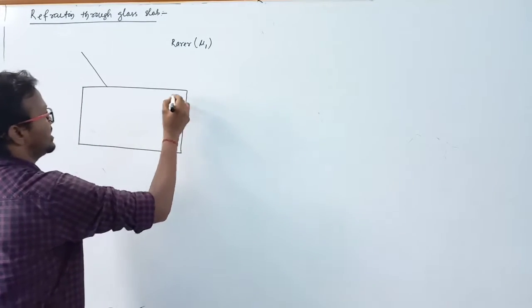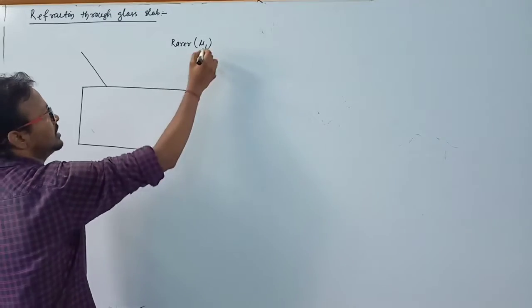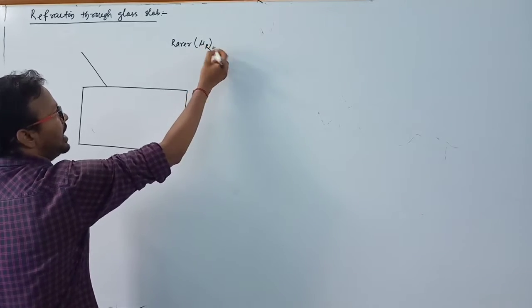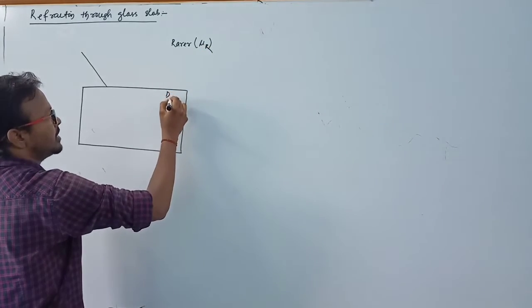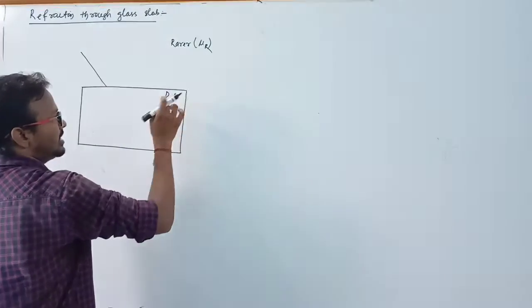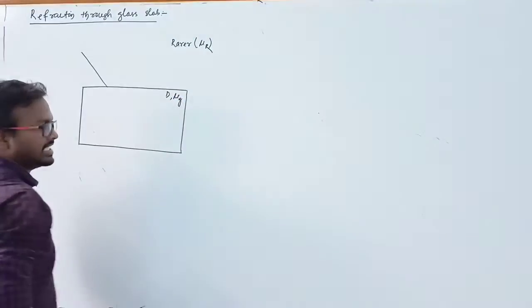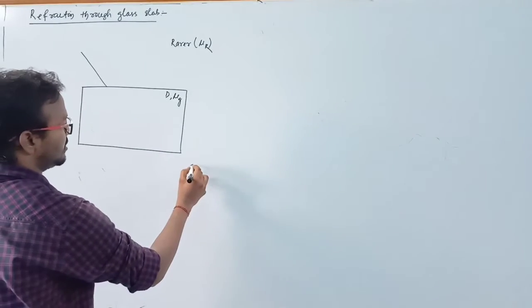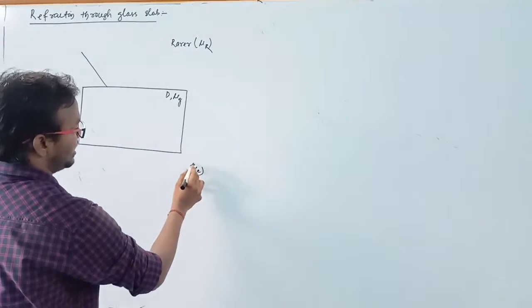And here this medium is denser medium of refractive index mu d, or glass, you can write mu g, and this medium is also rarer medium of refractive index mu r, the same medium.